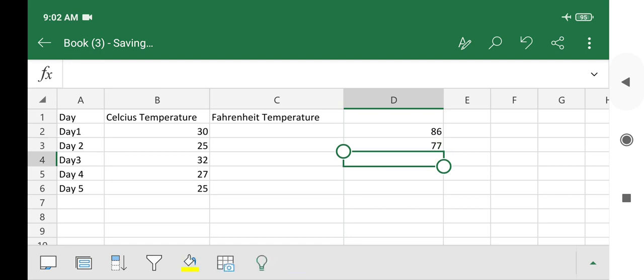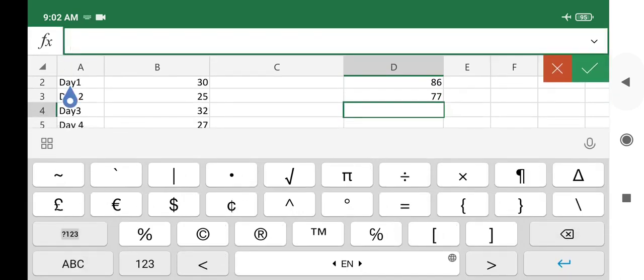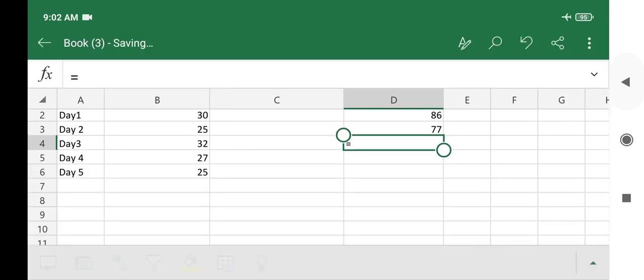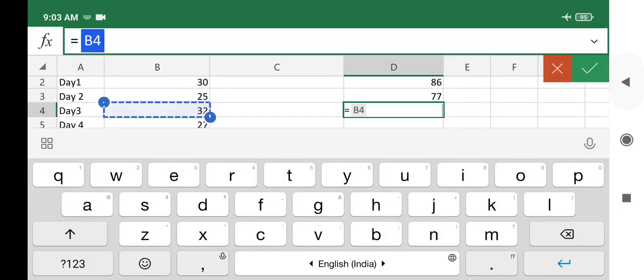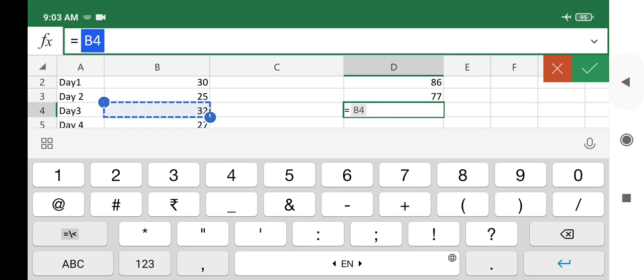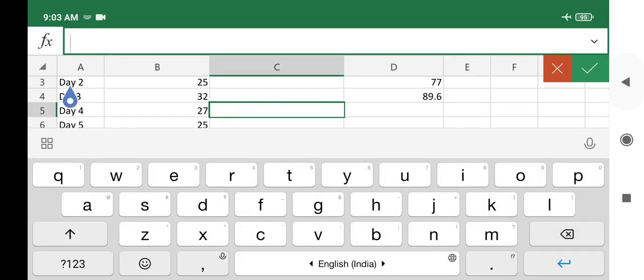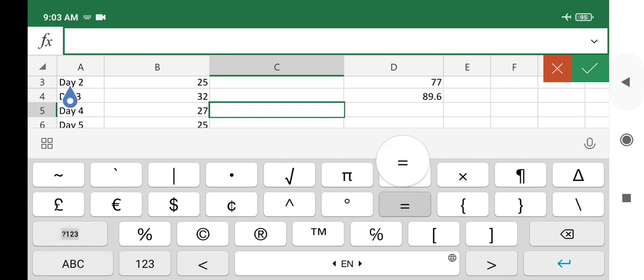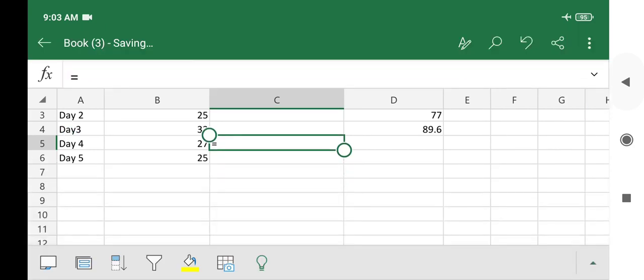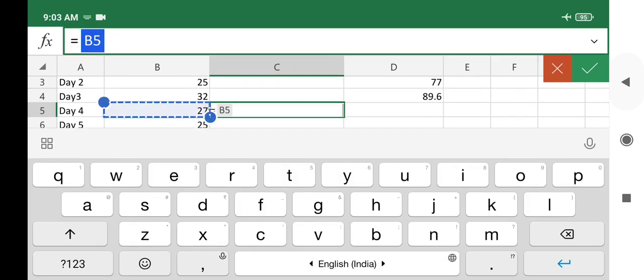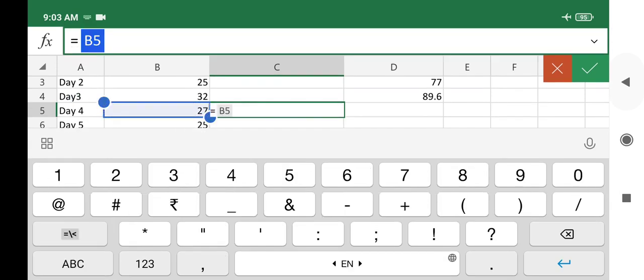The next one also in this way, equals to, select this cell, multiplication, 1.8, then plus 32. Same repetition of the formula. I hope this formula is remembered by now, since you have done it many times.